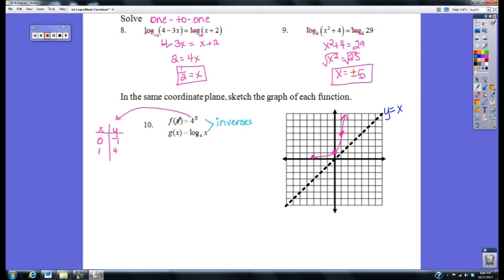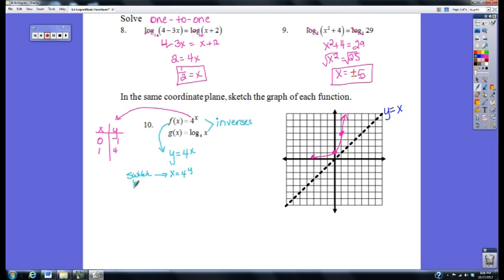So look at this equation right here. This f of x would be y equals 4 to the x power. If I find the inverse of that, that would be x equals 4 to the y. I switched the x and the y.